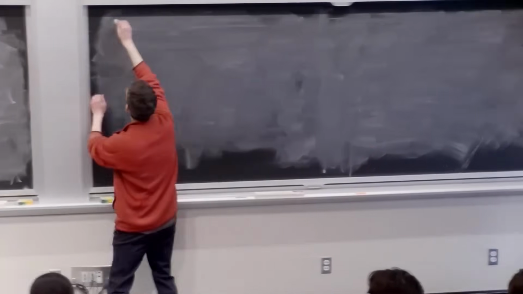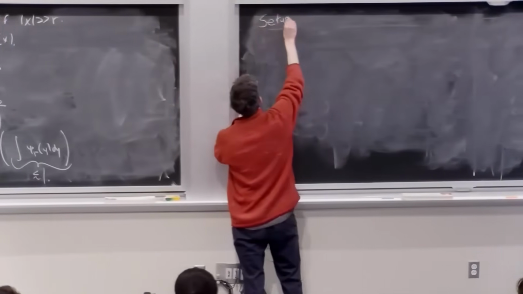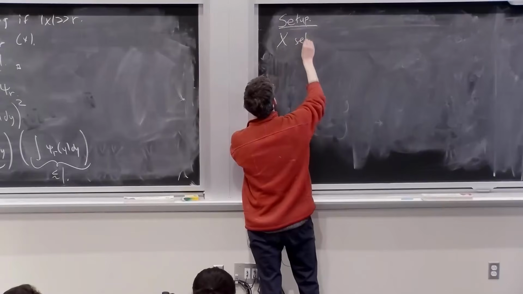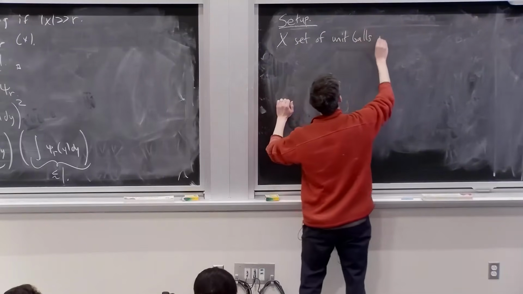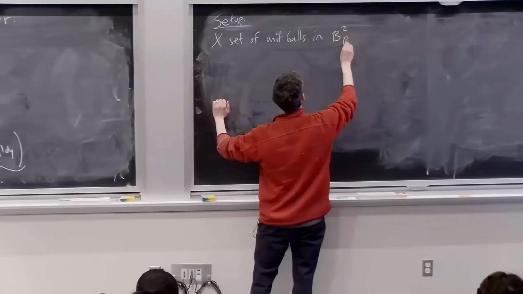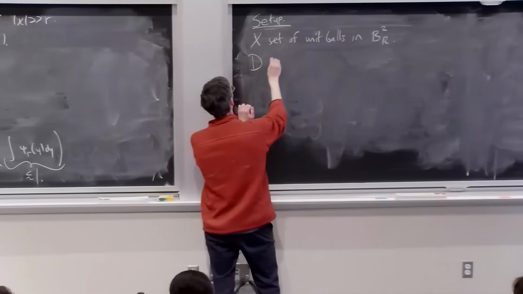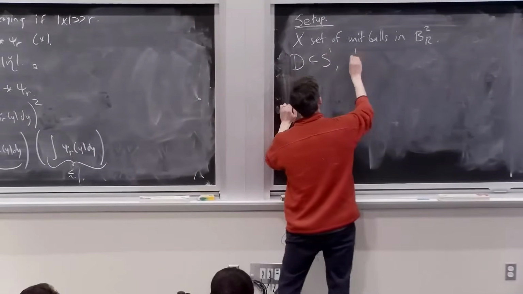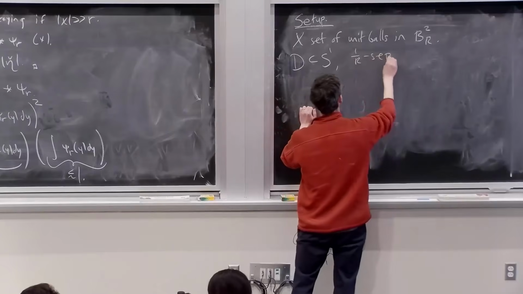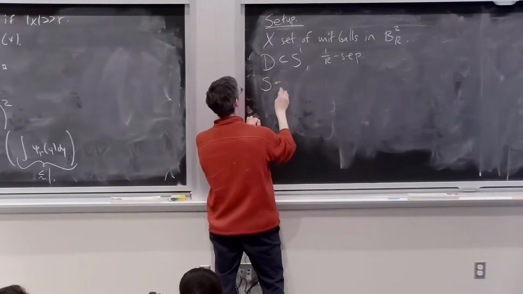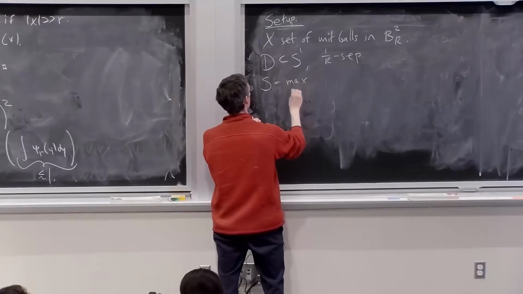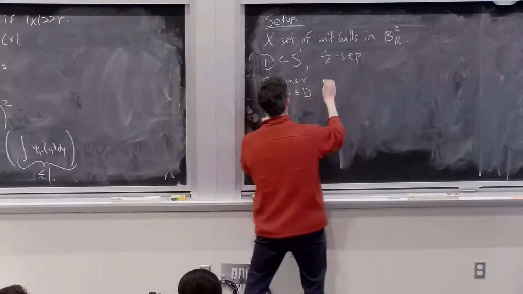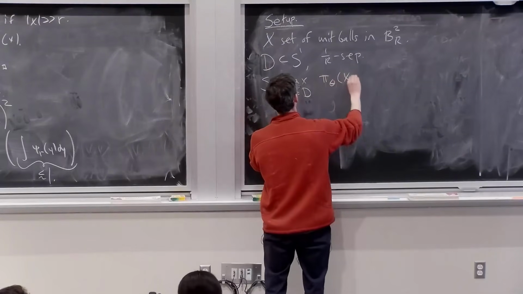So our setup is that we have x, a set of unit balls in the two-dimensional ball of radius r. D is a set of directions, so it's a subset of S1, which is 1 over r separated. And S measures the size of the biggest projection of x in here. So it's the maximum over all the thetas in my direction set of the theta projection of x.